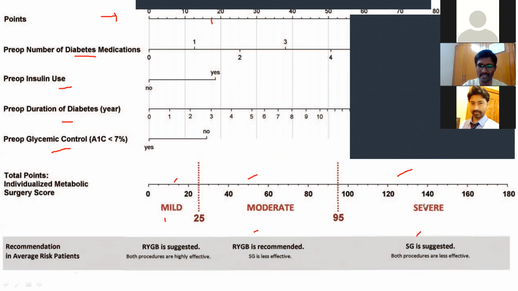Yes, sir. One thing is, in the case of this severe group in the IMS model, if a sleeve is performed, there is always scope for revision. So that might be one idea, because risking the patient here and not achieving remission might be bad, because his preoperative parameters would have improved after sleeve.